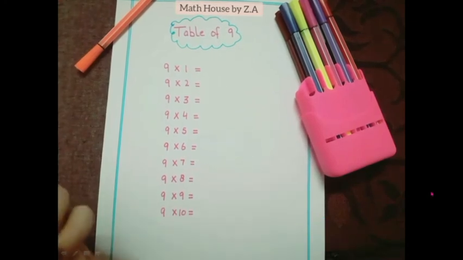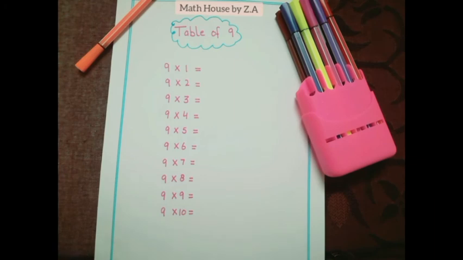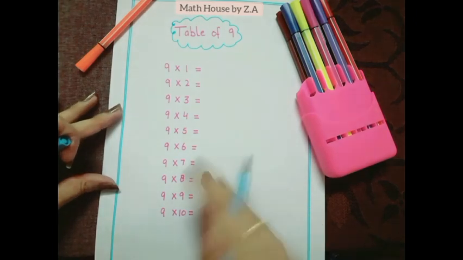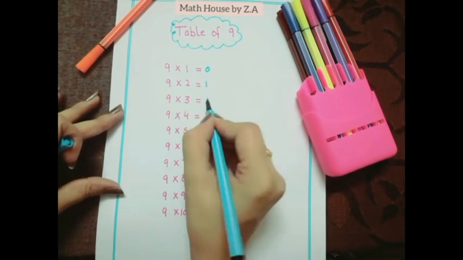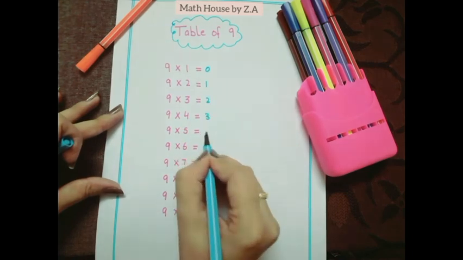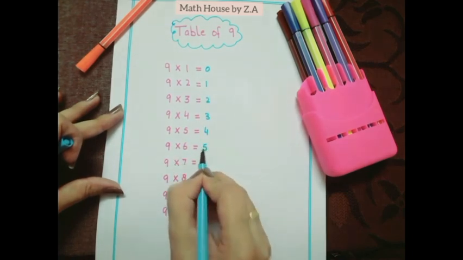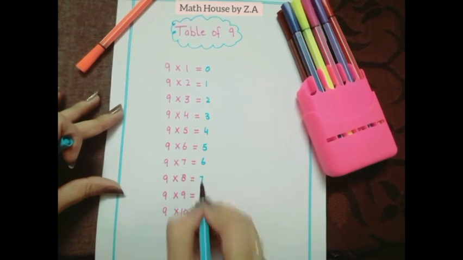The easiest way of writing the table of 9: you just need to write the numbers from 0 to 9. So writing here 0, 1, 2, 3, 4, 5, 6, 7, 8 and 9.